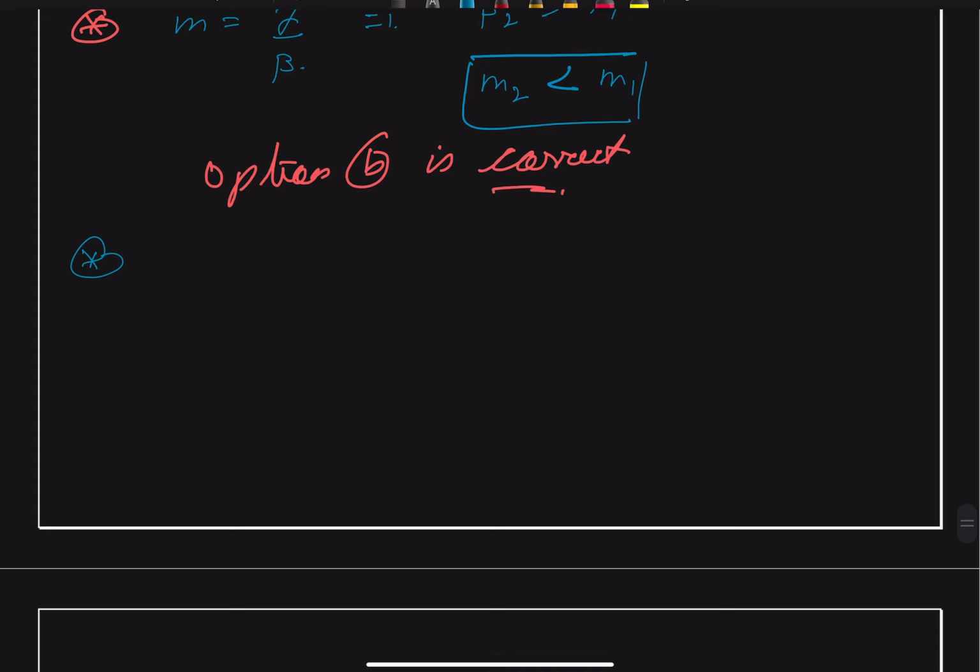We have lambda 1, that is 400 nanometer, and lambda 2, that is 600 nanometer, and we are given that we have a third bright fringe and the fifth dark.